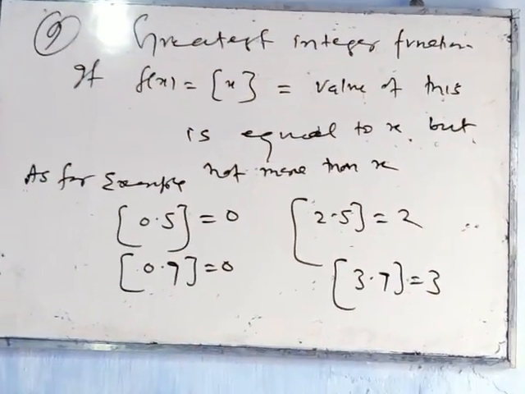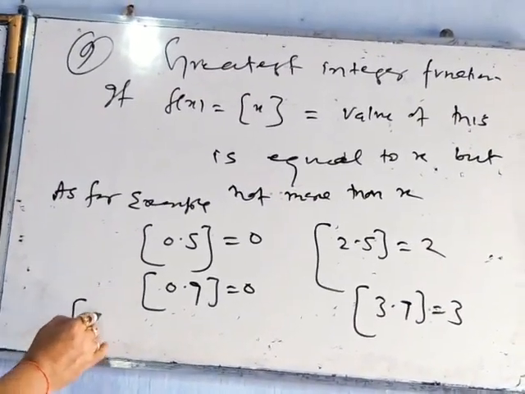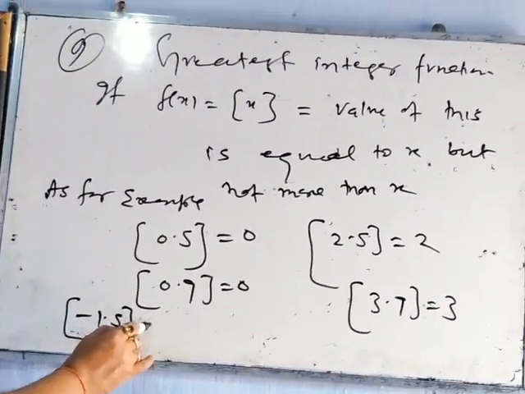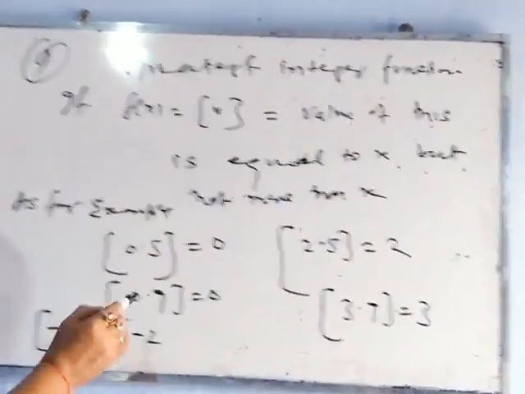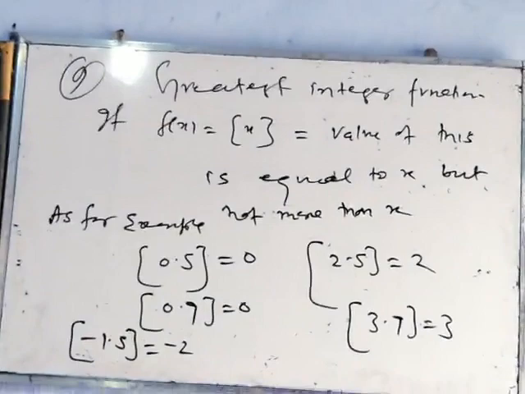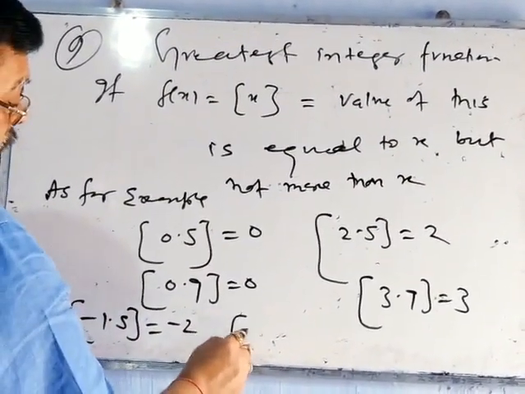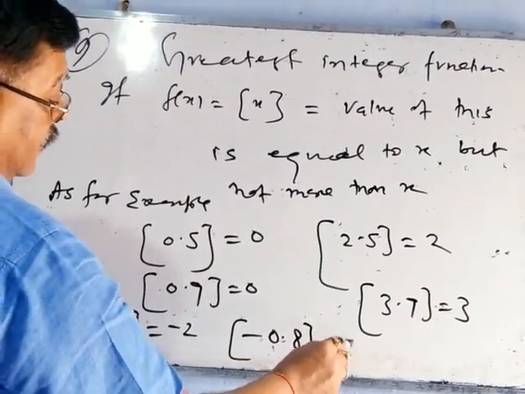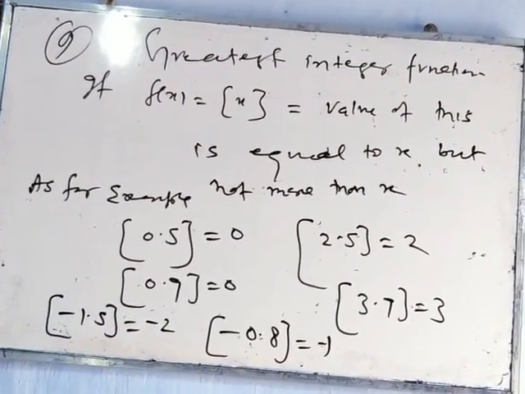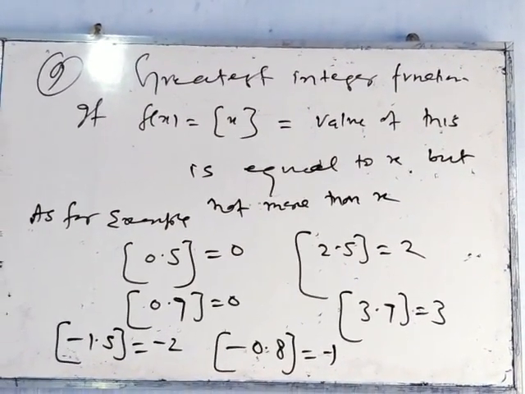Now if we take minus 1.5, here we take the negative, so we take minus 2, because it is less than this. Minus 0.8 is equal to minus 1. This is the characteristic of the greatest integer function, student.